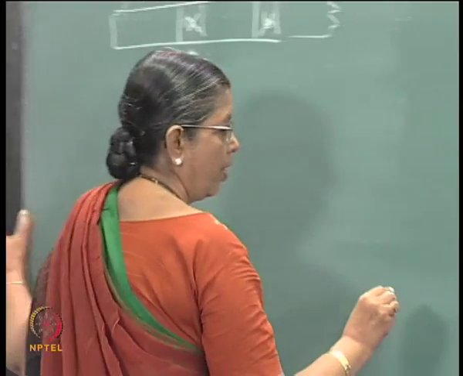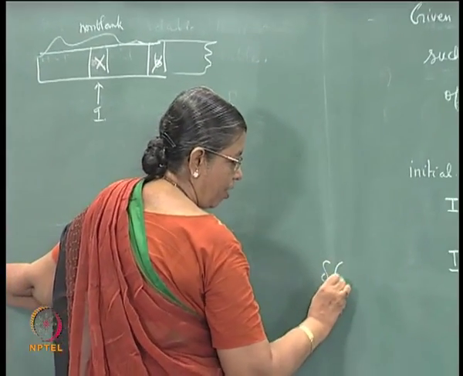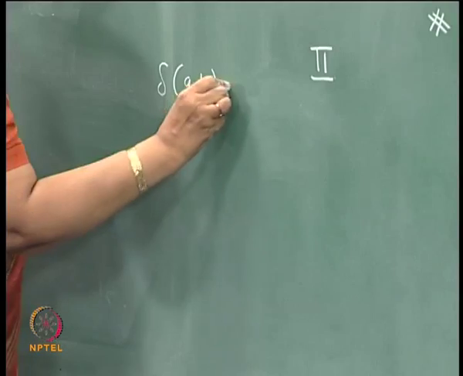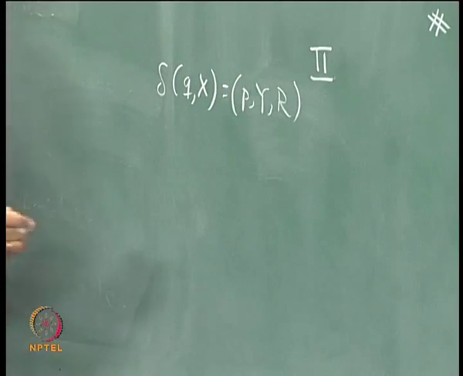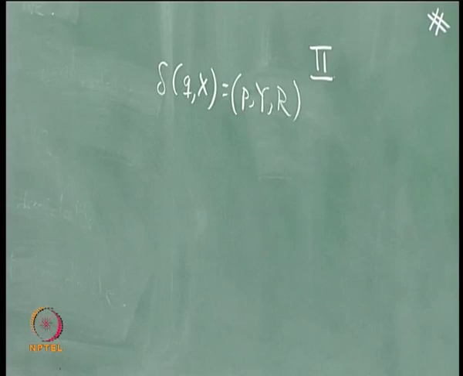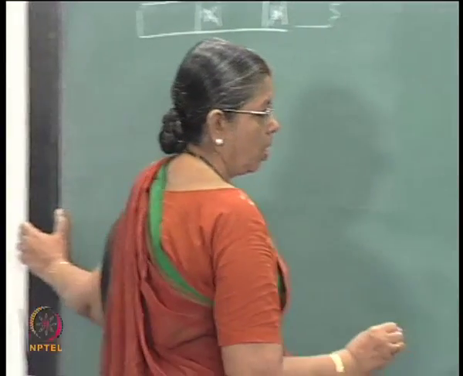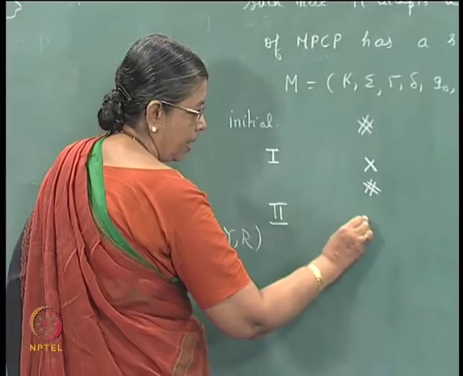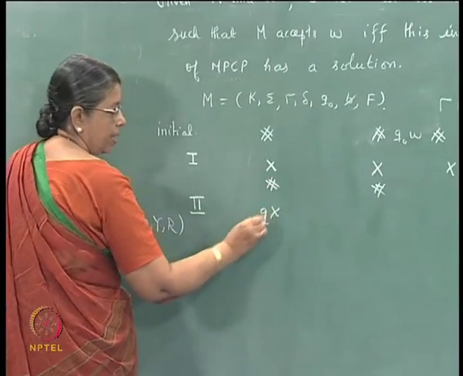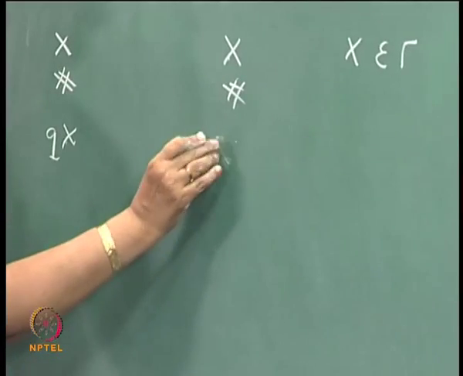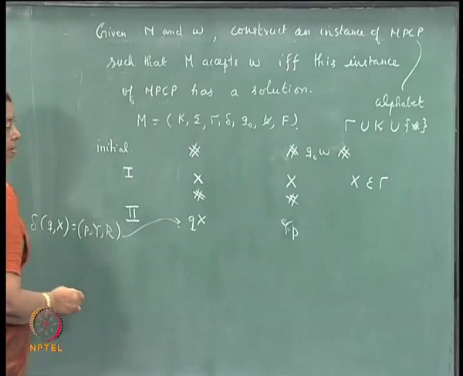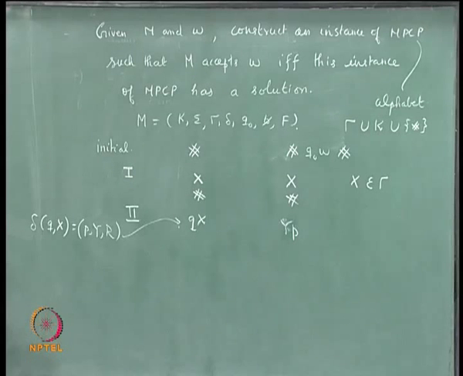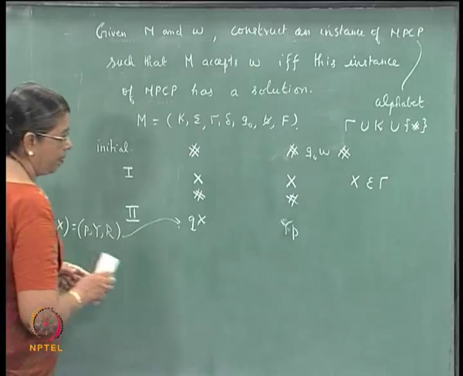Now, if delta of Q, X is equal to P, Y, R, this could be the move. Then you have the pair QX, YP.